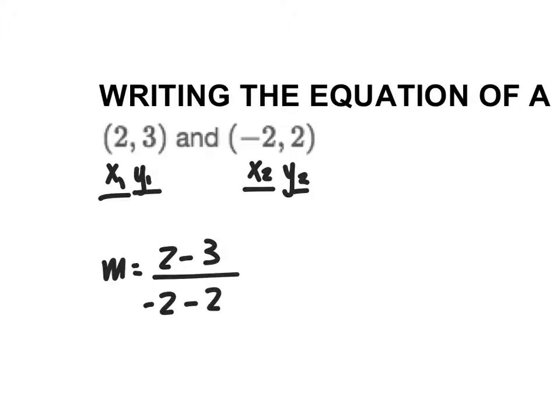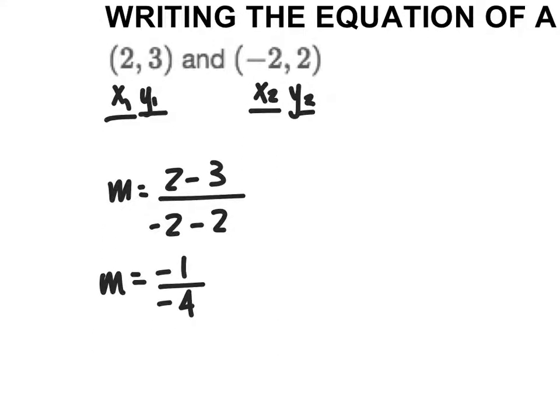If I do 2 minus 3, that gives me negative 1, and then negative 2 minus 2 gives me negative 4. A negative divided by a negative gives me a positive, so m is equal to positive 1/4, and that's my slope.